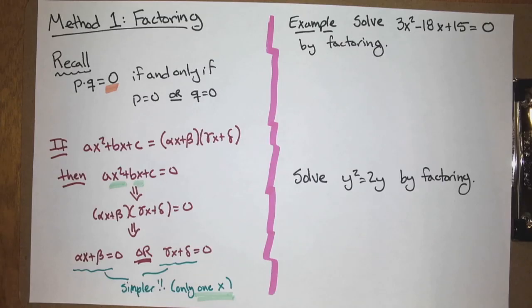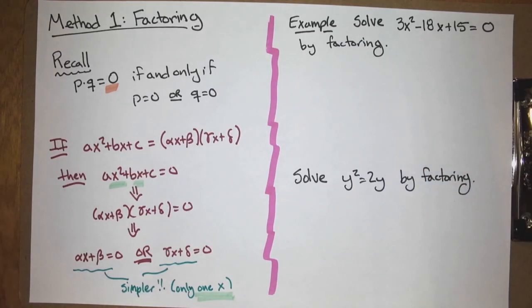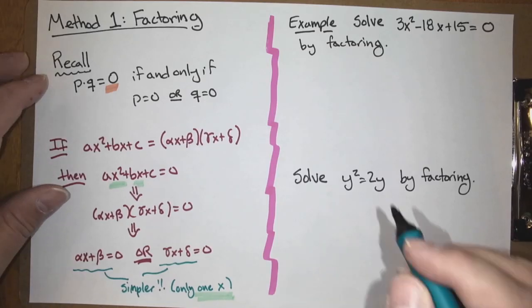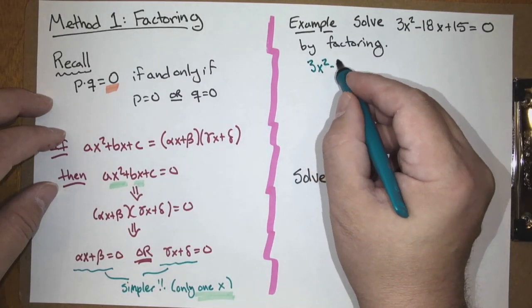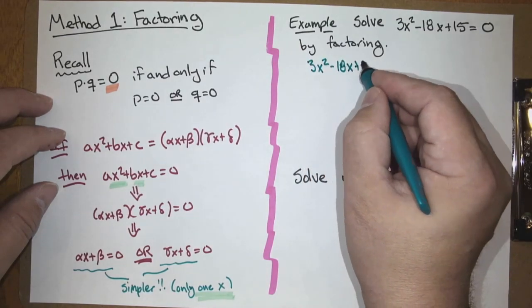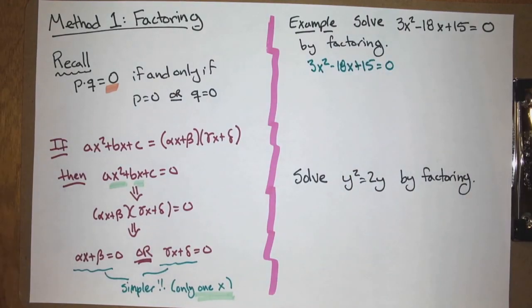Okay. So we'll do some examples here. Solve 3x squared minus 18x plus 15 equals 0 by factoring. Well, what can we do? Is there anything we can do?